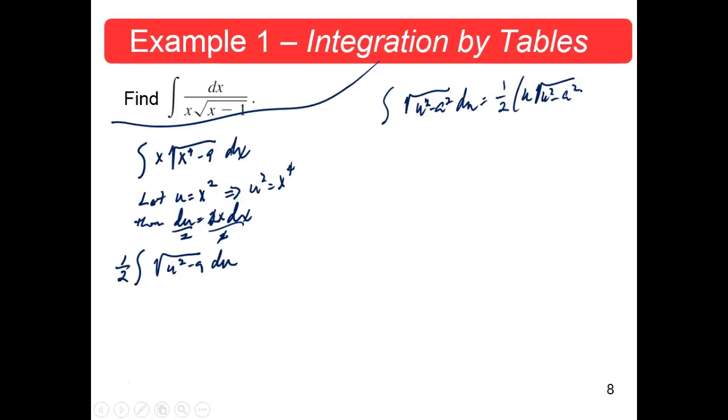Plus, let's see, this is going to be a minus a squared times the natural log of the absolute value of u plus the square root of u squared minus a squared.